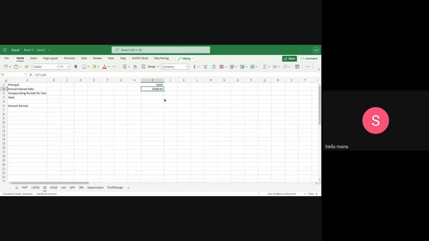So you're just going to multiply I2 by 1.08. I keep saying A2, it's I2. So we can see what has happened.